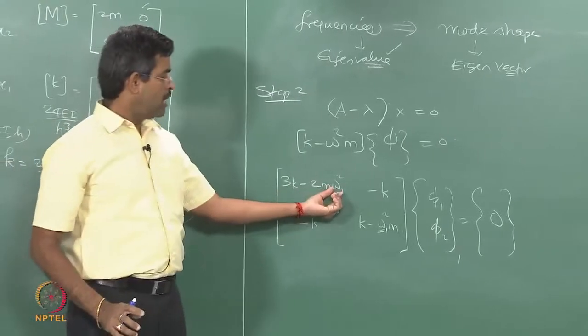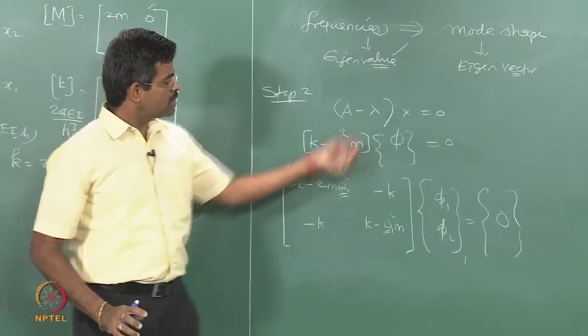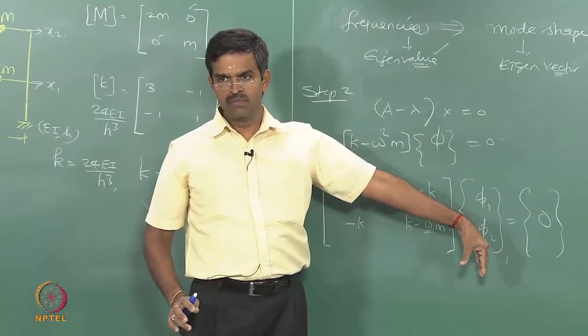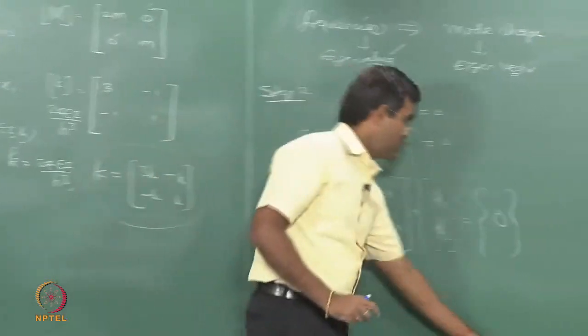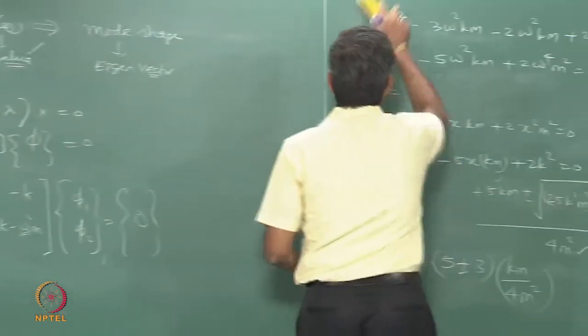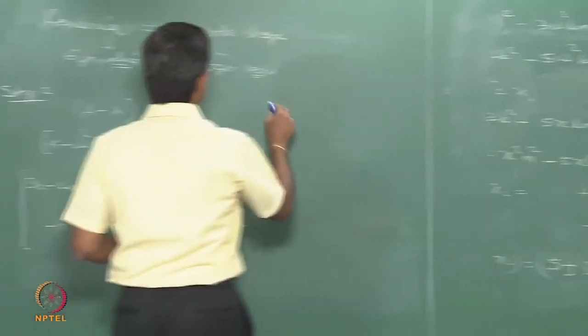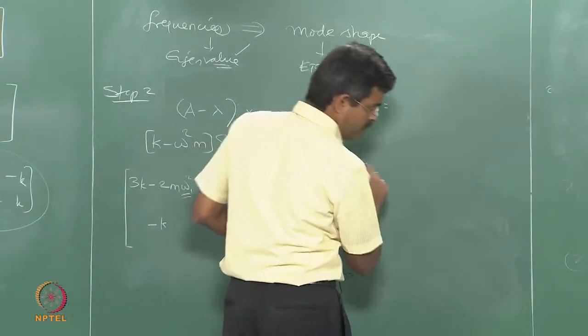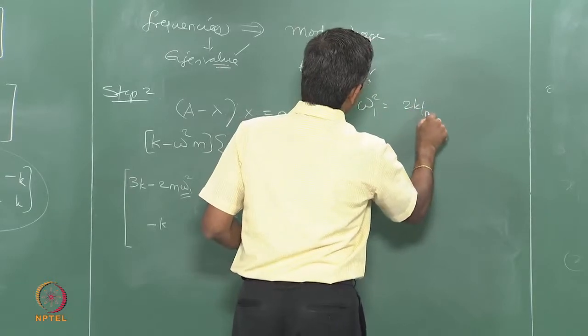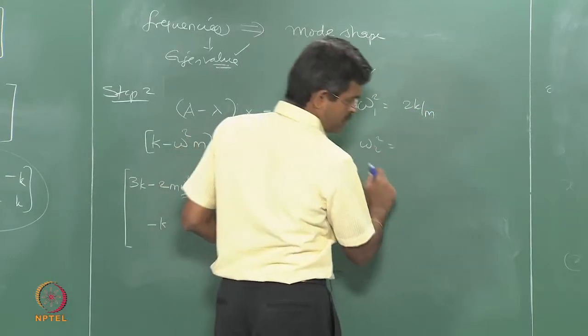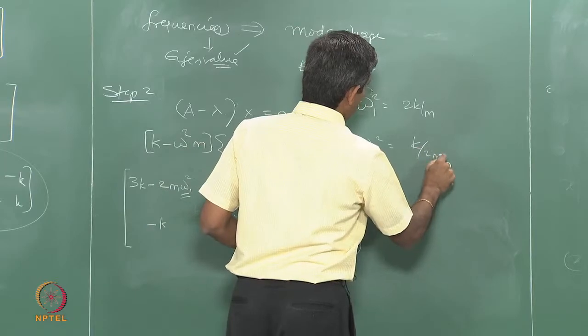So, each eigenvalue will have a unique corresponding vector. Okay? Let us do this. So, let me write down the values of omega 1 square and omega 2 square. Omega 1 square is 2k by m and omega 2 square is k by 2m.